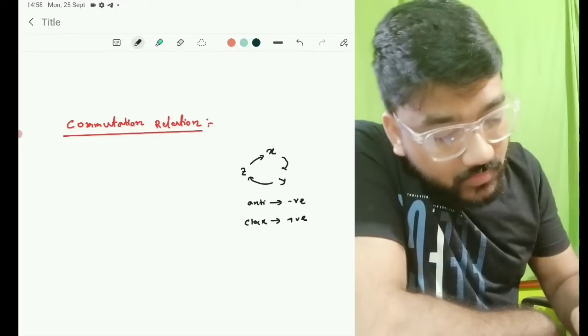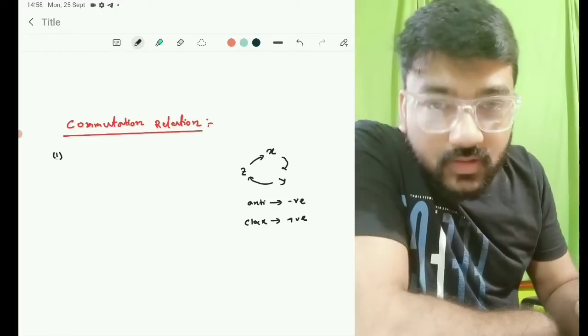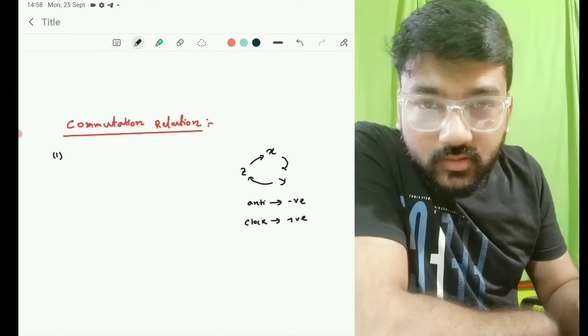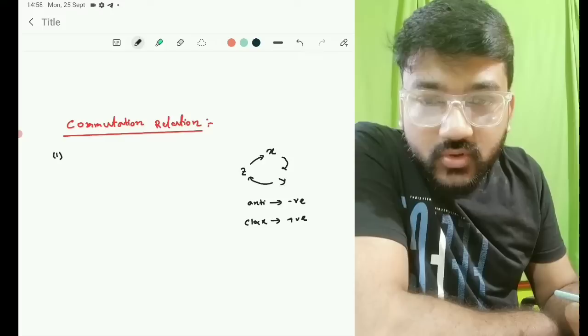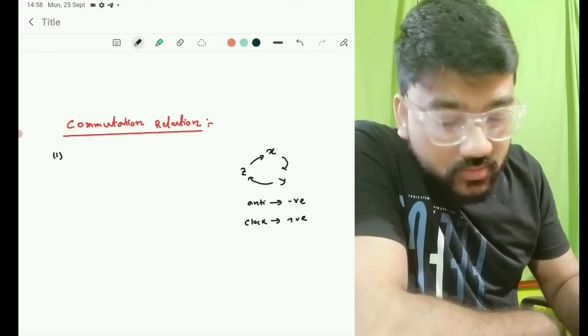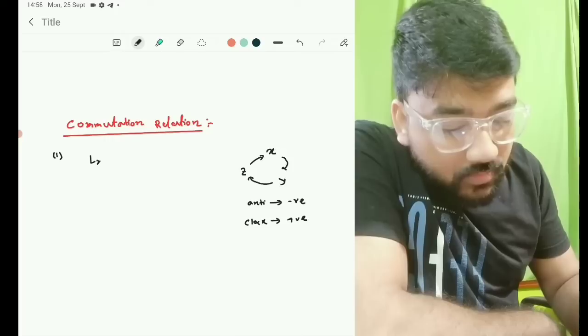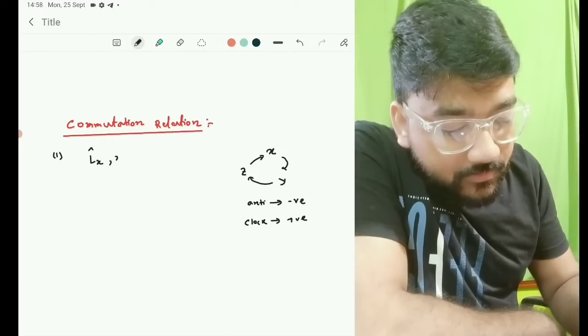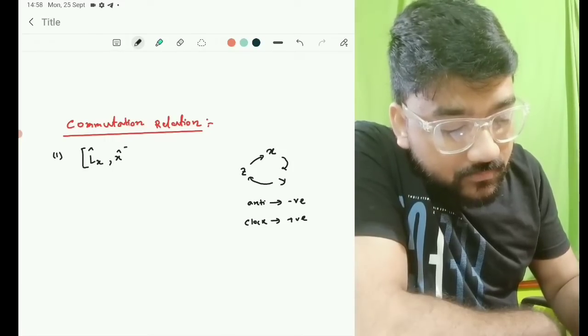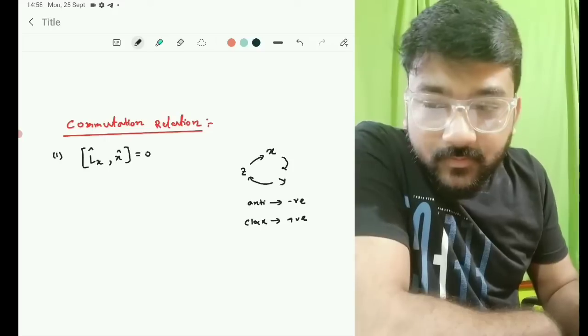So first of all, let me tell you about the commutation relation between angular momentum and the position operator. Suppose Lx with x, then this will be 0, keep in mind.